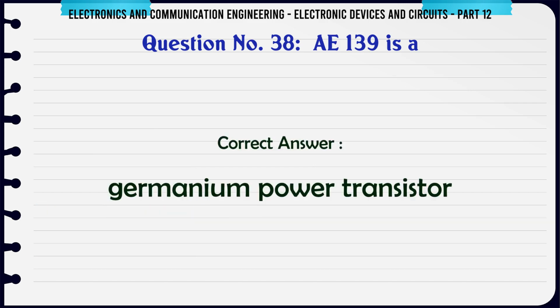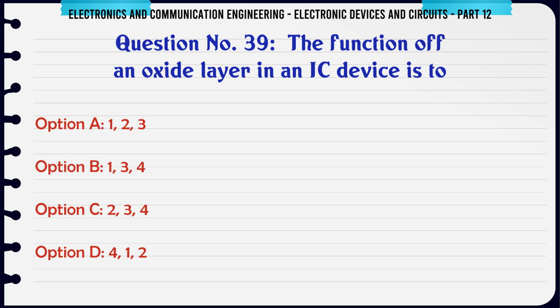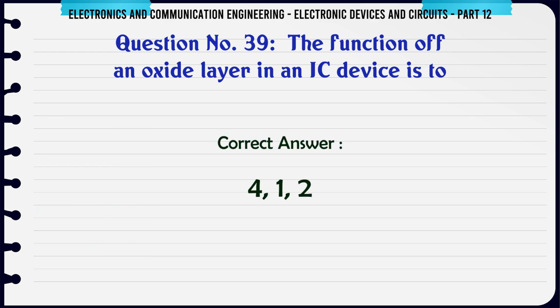The correct answer is germanium power transistor. The function of an oxide layer in an IC device is to A) 123, B) 134, C) 234, D) 412. The correct answer is 412.